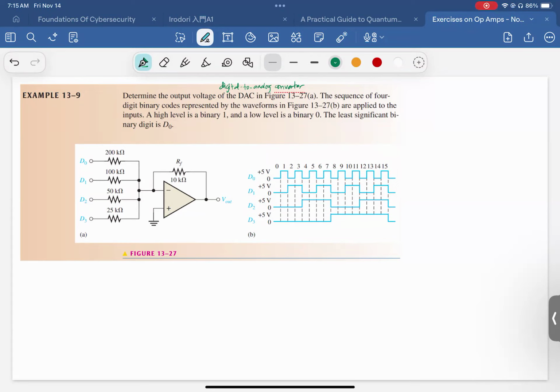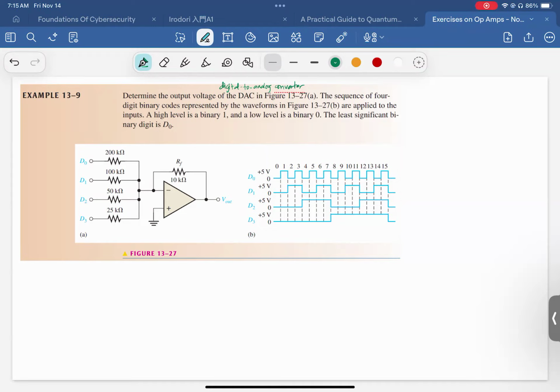Kasi yung input signals ninyo dun sa summing amplifier are digital signals. And yung output signal ninyo is an analog signal. So you can think of this as a 4-bit computer kasi meron kayong 4 input terminals, each input terminal corresponding to 1 bit. Pag sinabing 1 bit, it's 0 or 1, di ba?